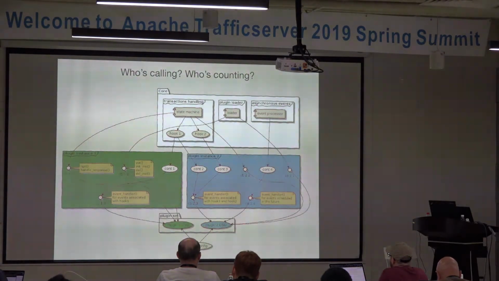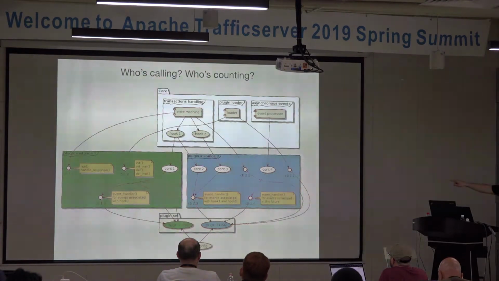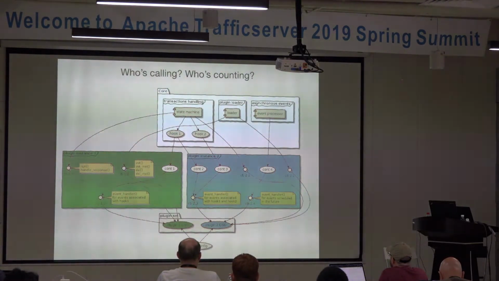The second plugin instance shows an extra variety of things that we can do. For example, continuations 2 and 3 are using the same callback, which is defined in plugin 2. So the event handler should be present when we make that call, and that plugin DSO should be loaded too.